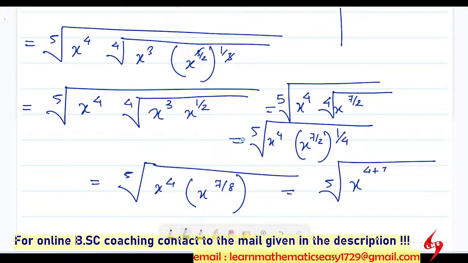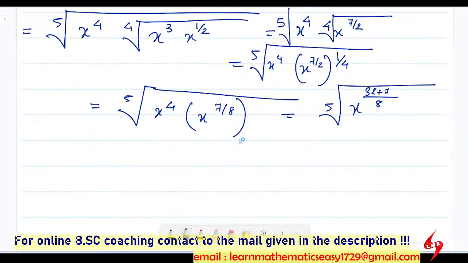So 4 plus 7 by 8, and that is 32 plus 7 by 8, and that will be 39 by 8.